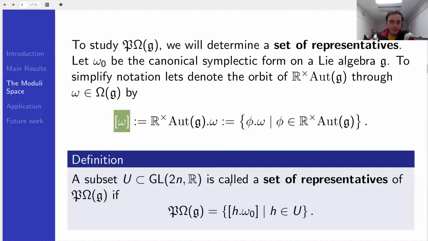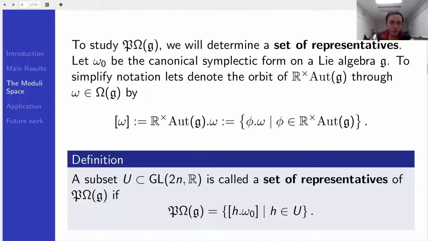And a set of representatives. So a subset U of the general linear group is called a set of representatives if the orbit space can be described like this: H in U acting over the canonical form gives the whole orbit space. This might seem a strange definition because anything works in this sense.